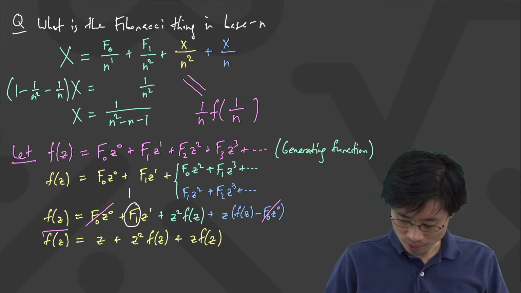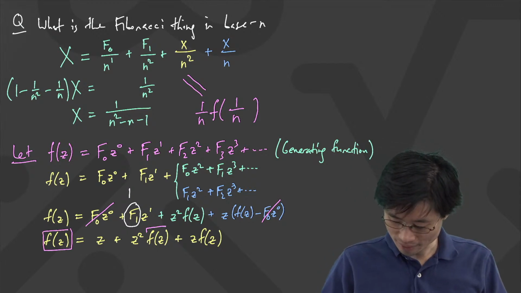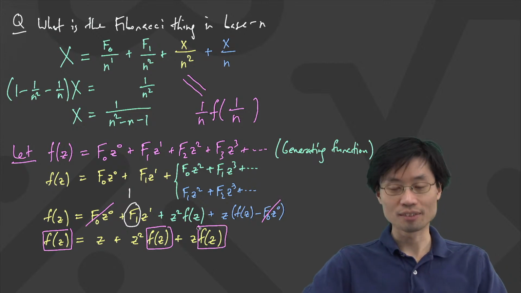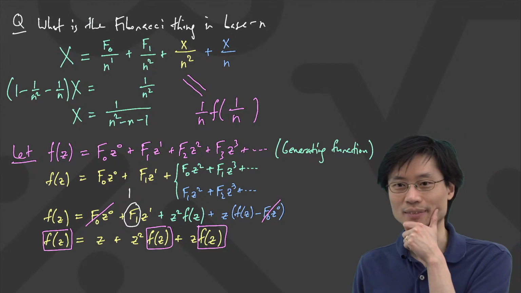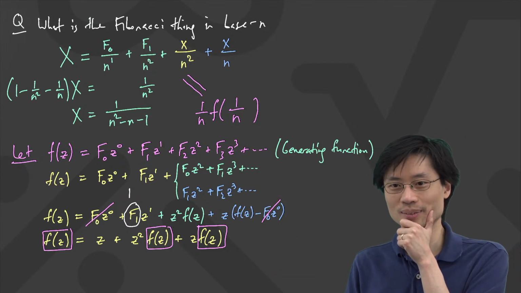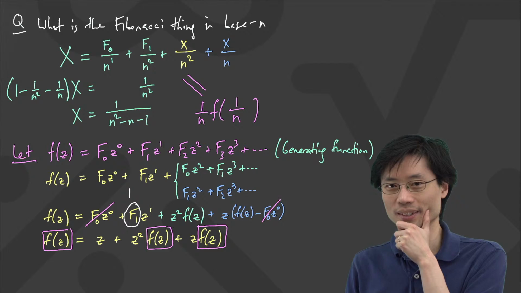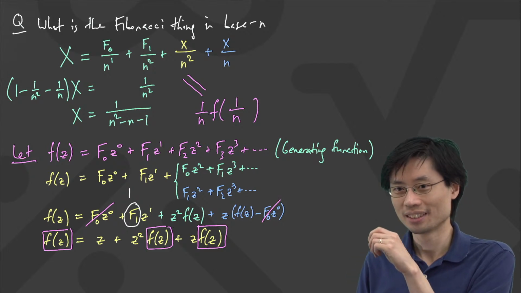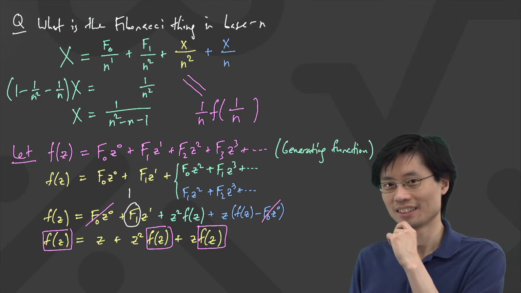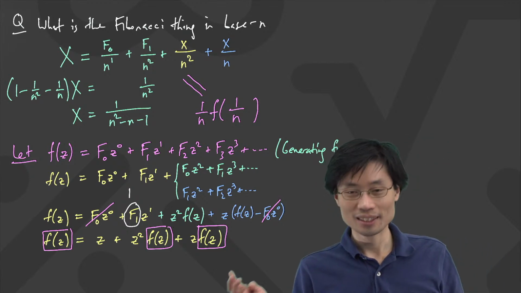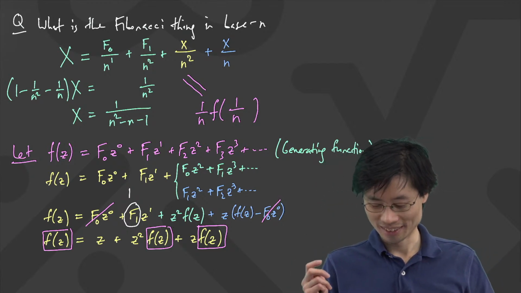Now, how do you find out an expression just for f of z? I have this nice equation, but I want to know what is just plain f of z. How would I find out what is just plain f of z if I have this kind of an equation? Advit. You just solve for it. Move all the f of z's away and then divide by whatever you have to.